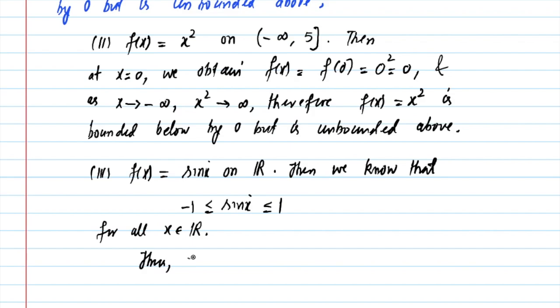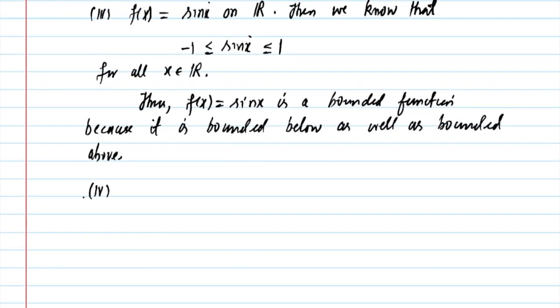Thus this function f of x equal to sin x is a bounded function because it is bounded below as well as bounded above. And similarly, another function, suppose f of x is equal to 1 divided by x, defined on the interval 0 to 1.